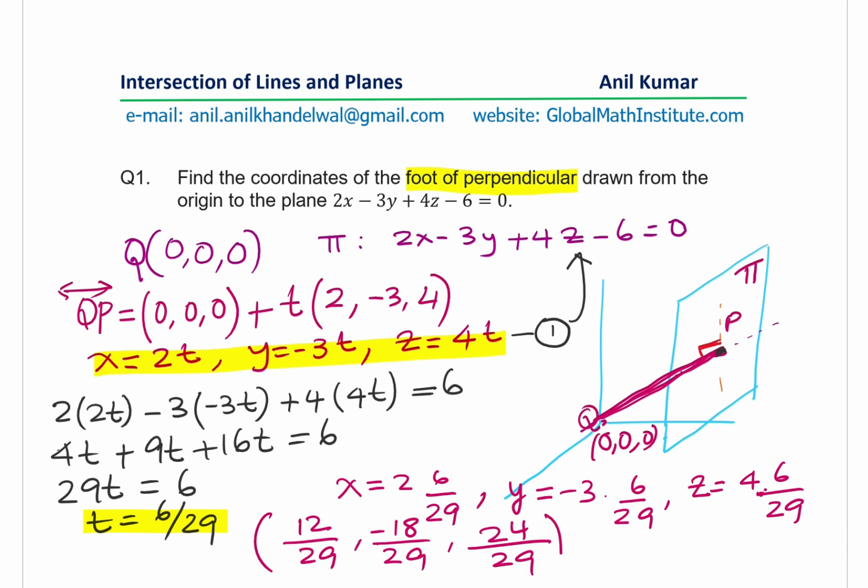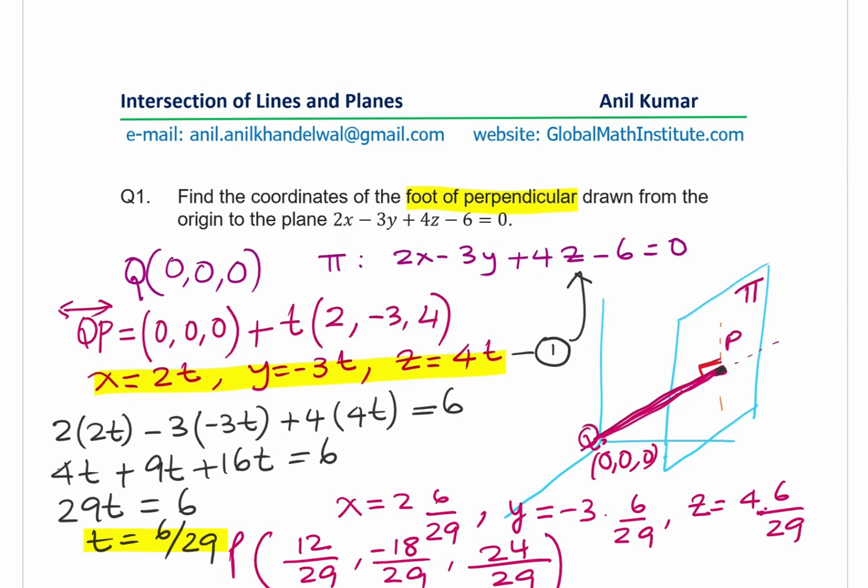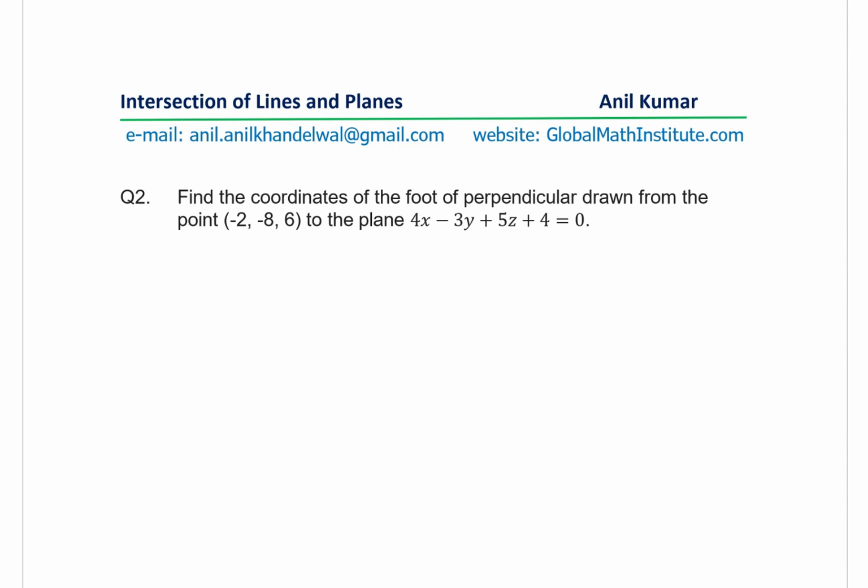Is that clear to you? So that becomes the coordinate of the point P. Is that clear? So that is how we are going to get our answer. So that is the point.